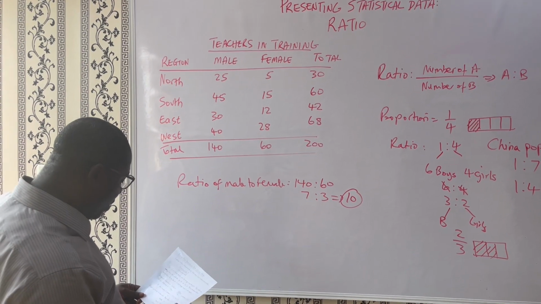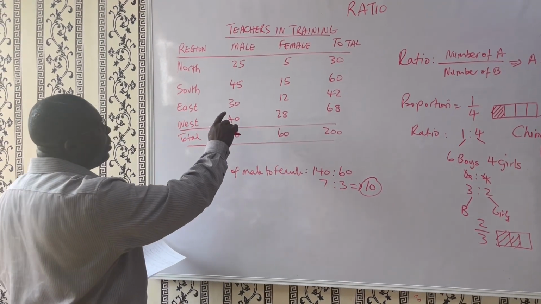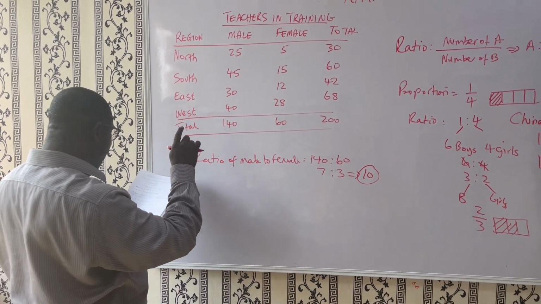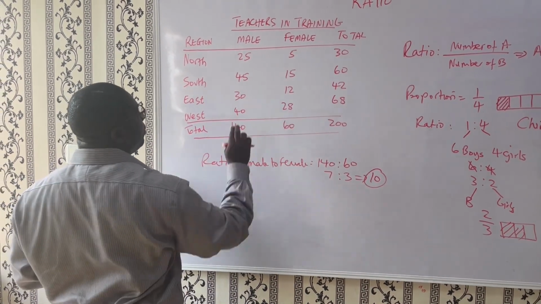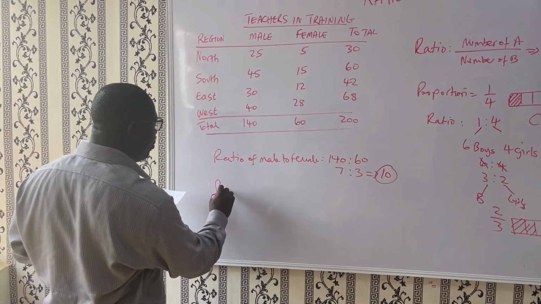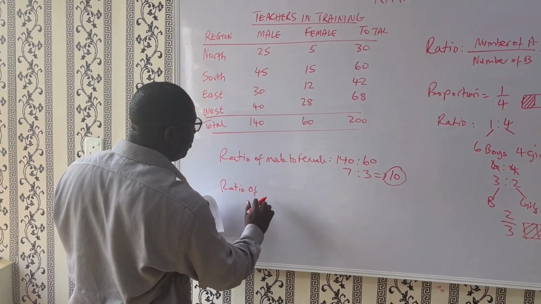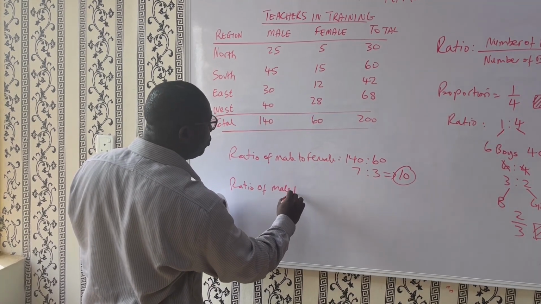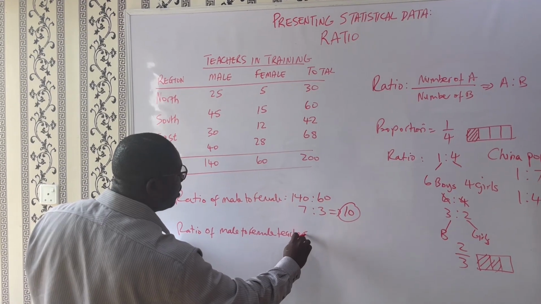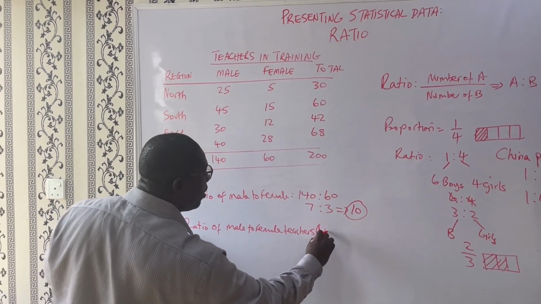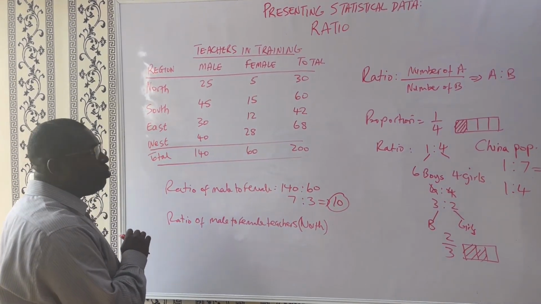We can as well calculate the ratio of male to female teachers from the north. What does this mean? Now we'll pick what 2 values?